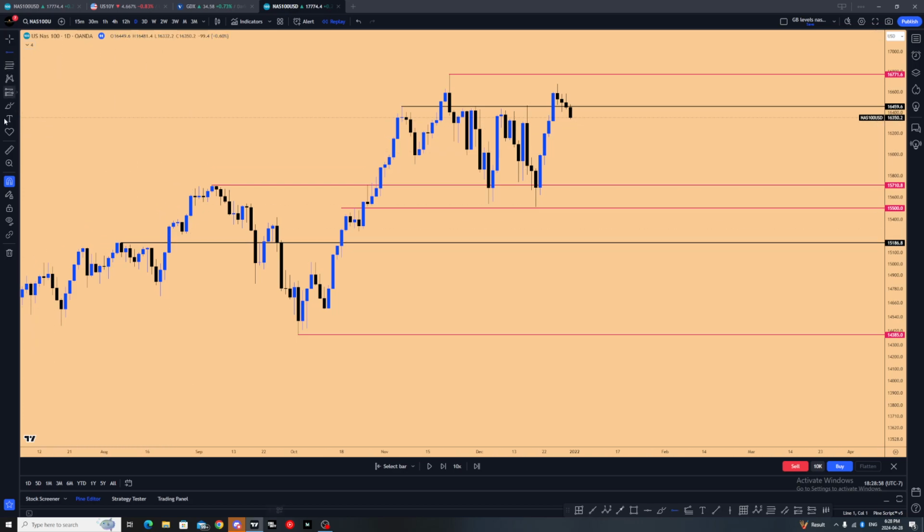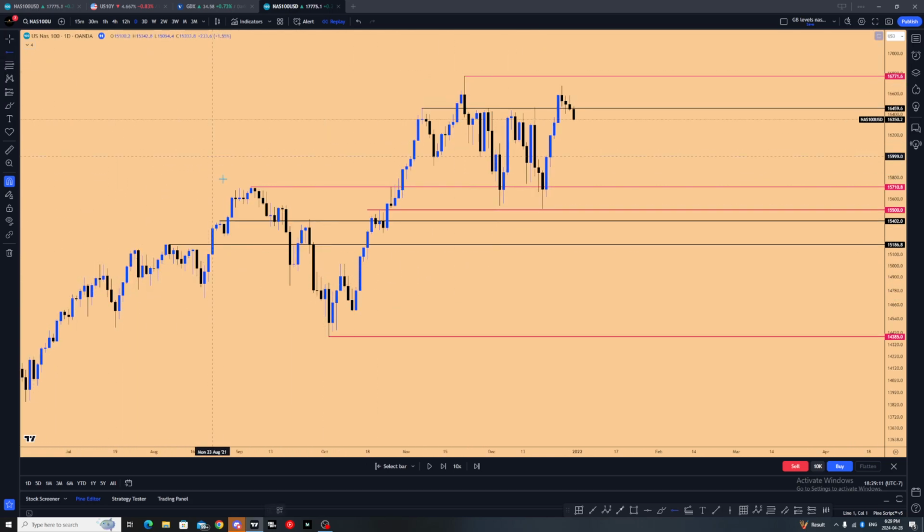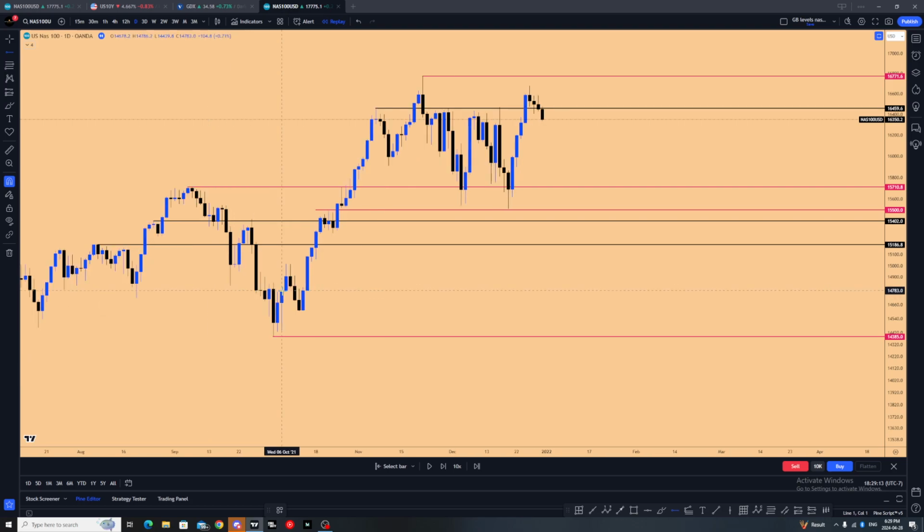And then there is, I want to say, this level too. Okay, I think that's pretty much it. You can also map this level, and why not?